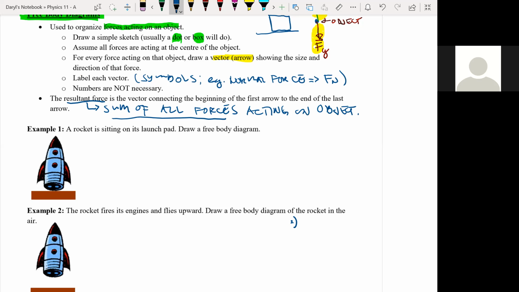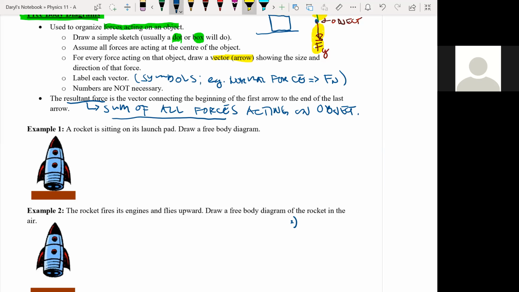But remember that if you take the sum, 10 newtons north plus 20 newtons east is not as simple as adding their magnitudes. Again, this is a vector quantity, so you treat it as a vector quantity. So let's take some examples on drawing the free body diagram.